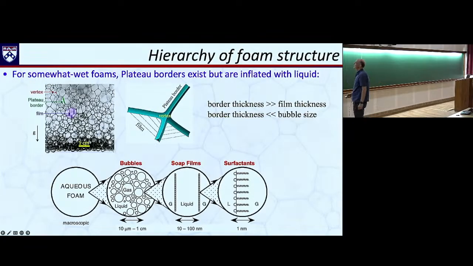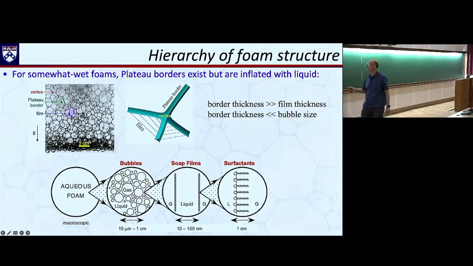Okay, good. So here's a little bit of a review from yesterday. There's a hierarchy of structure that we talked about, ranging from the molecular to the soap film to the bubble scale to the macroscopic, and there are lots of things going on at all these scales. Today I want to focus on Plateau borders, which actually are between the soap films and the bubbles, so there's an intermediate length scale. And that's what we see here in this picture.